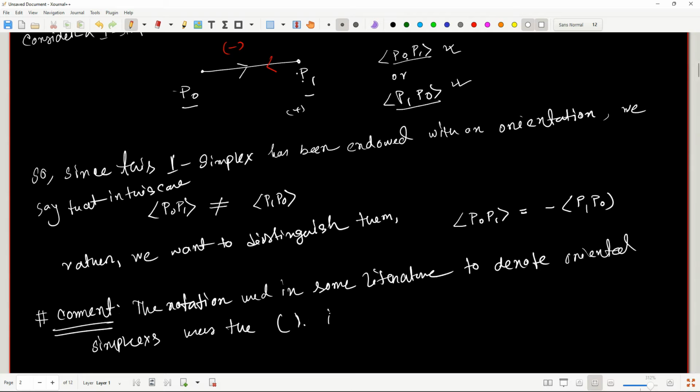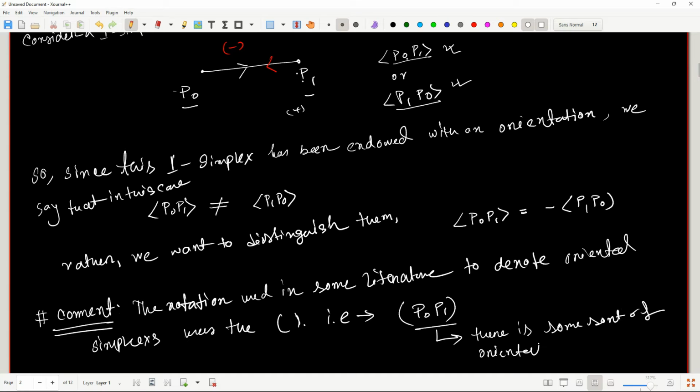That is, if I write it like this, then this means there is some orientation, or the simplex is oriented. There is some sort of orientation that is given to the simplex. Okay, but for us we will stick to this notation.